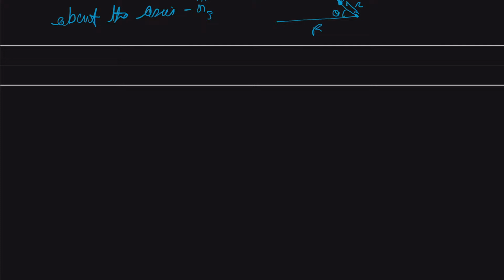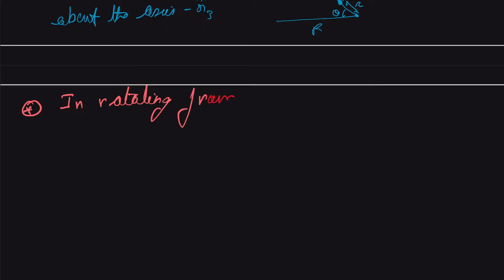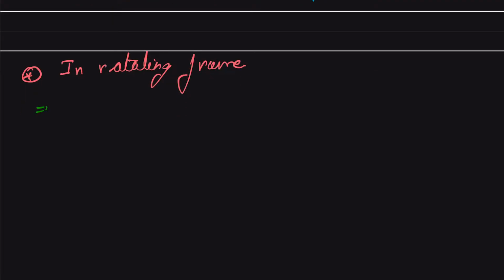So let's come back to the rolling condition, which states that there is no slipping, only rotation is there. And we have already concluded 3 important points, which are that in the rotating frame, the first point is that our center of mass is fixed. Second point is that our rim is fixed.